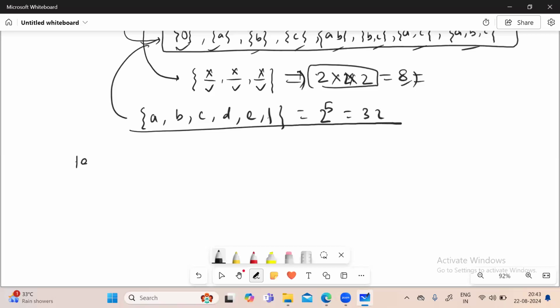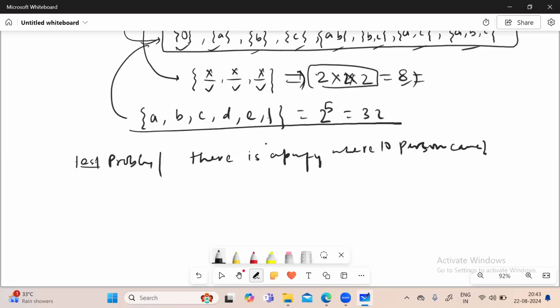The test problem is, let there be a party where 10 people came, and everyone shook hands with each other.